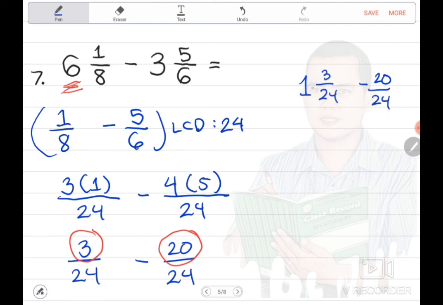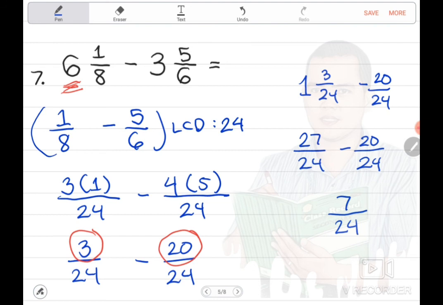So change this mixed fraction into an improper fraction. We will be having 27 over 24 minus 20 over 24. Now they are similar fractions. We can perform the subtraction. So 27 minus 20, that is 7 over 24. Okay? Then we can proceed to the whole number.